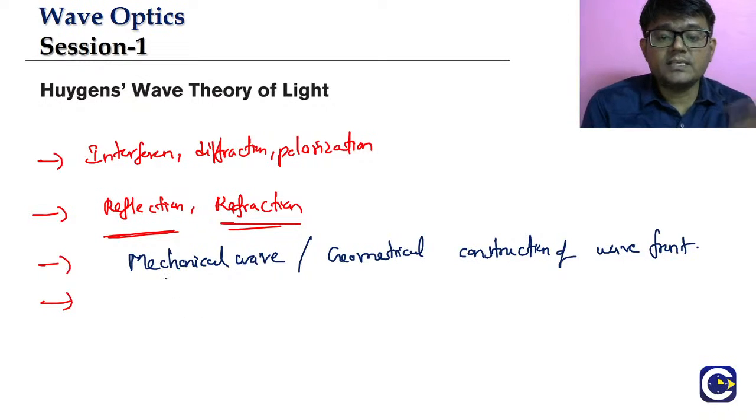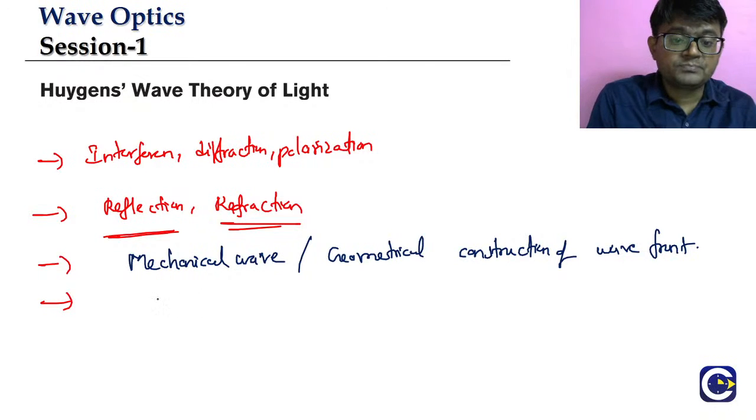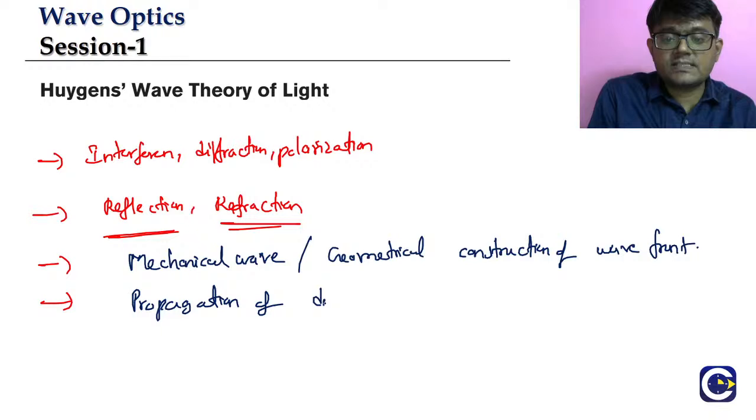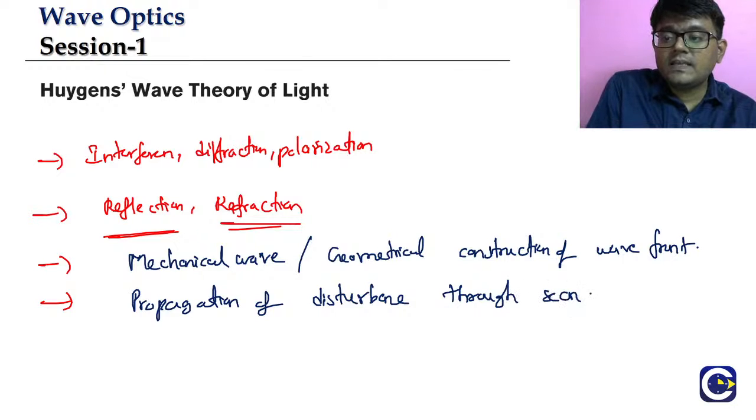And the other drawback, in terms of his own theory, is that the propagation of disturbance through the secondary wavelets is limited to what?